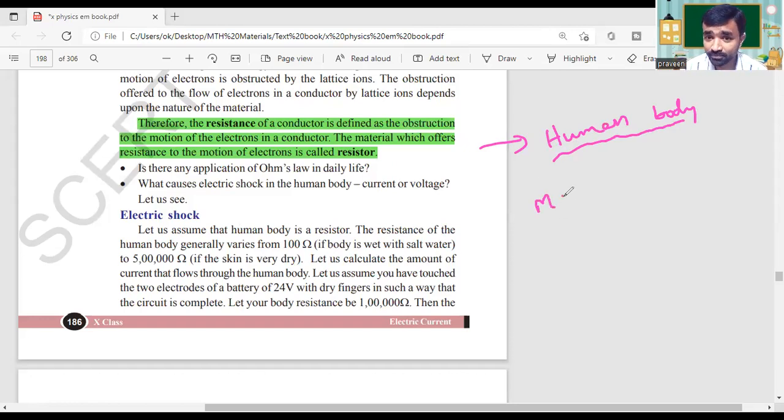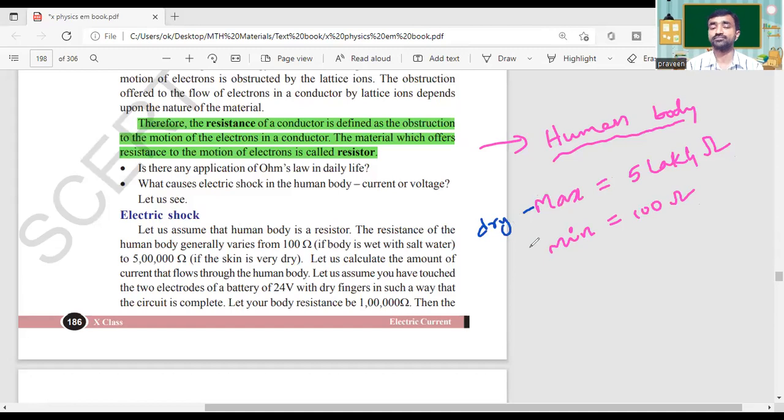The maximum is 5 lakh ohms, and the minimum resistance of the human body is just 100 ohms. Your body has maximum resistance when the skin is completely dry.